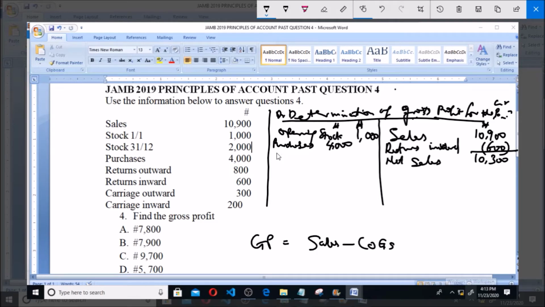Included in purchases, we're going to add carriage inward. Our carriage inward is 200. When we add this together, we have 4,200.